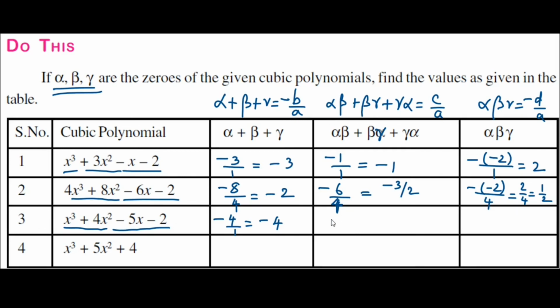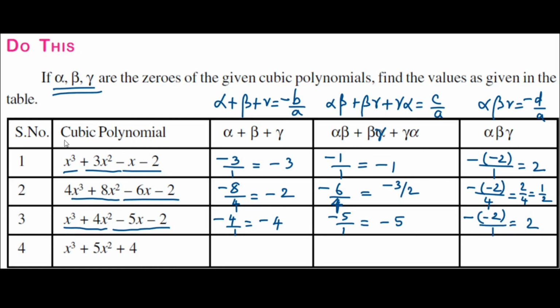Here c is minus 5, a is 1. So minus 5 by 1, that is equal to minus 5. And here alpha beta gamma is equal to minus d by a. Here minus d, that means minus of minus 2 by 1. This becomes positive 2.